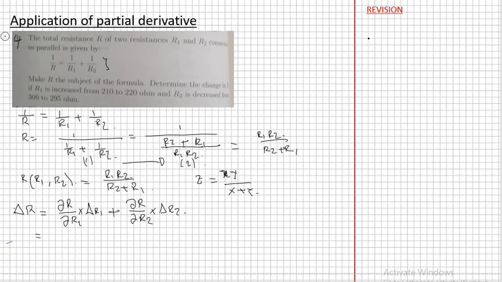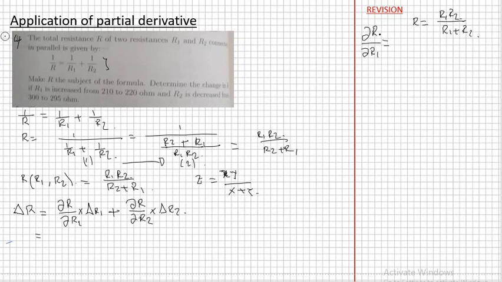Okay, I can work this out separately. So I have the partial derivative of R with respect to R1. Remember that I have the function R, which is equal to R1 multiplied by R2 divided by R1 plus R2.